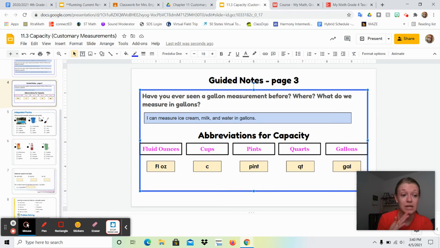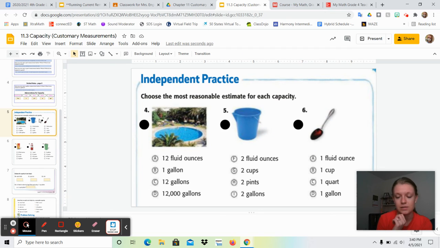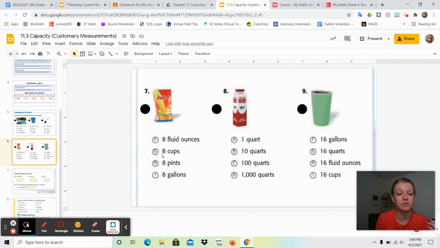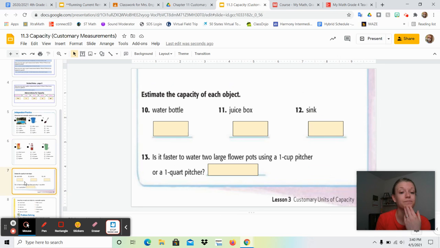All right. Have fun with the rest of your worksheet. You're not going to be measuring any liquids today, thank goodness, because I've got a whole mess up here. But you're going to choose the most reasonable estimate for each capacity. So just think back to all the different things that I showed you for each of the different measurements. You're going to drag the black dot over the correct answer. Estimate the capacity of each object.